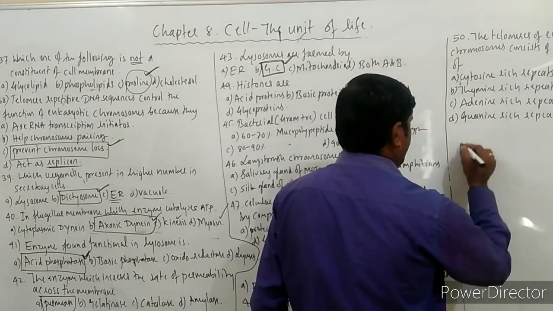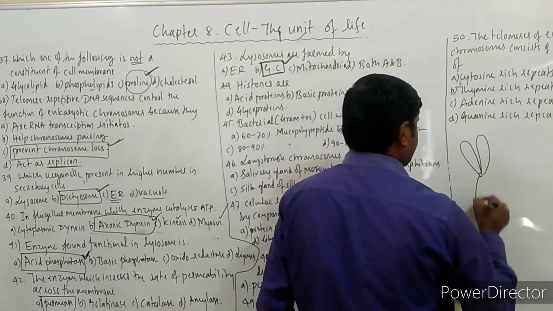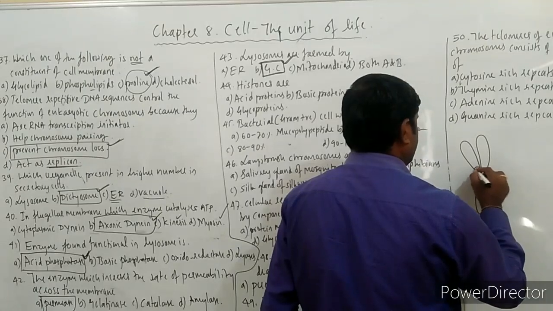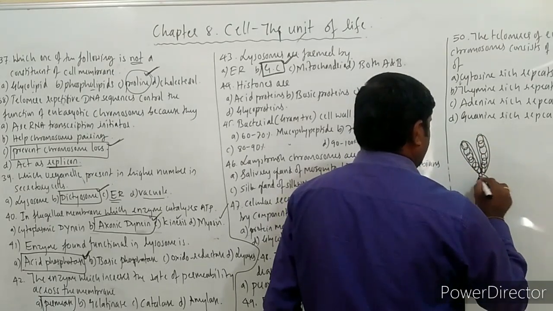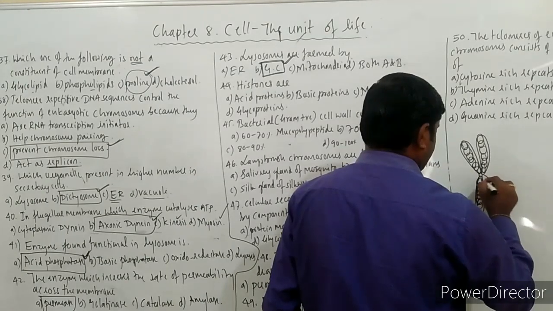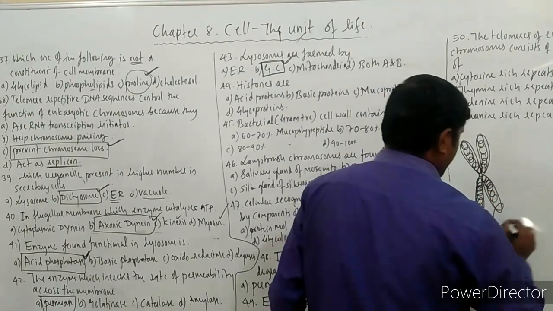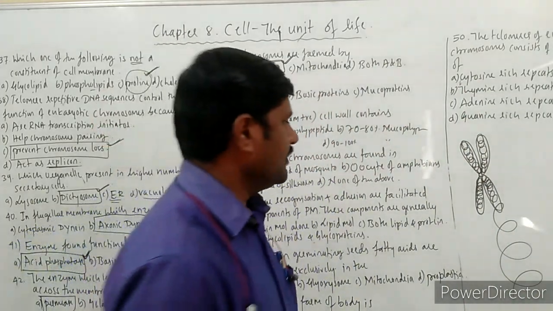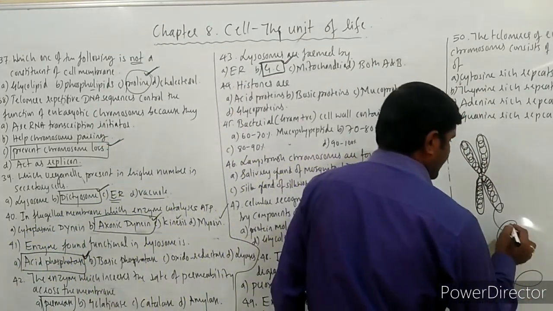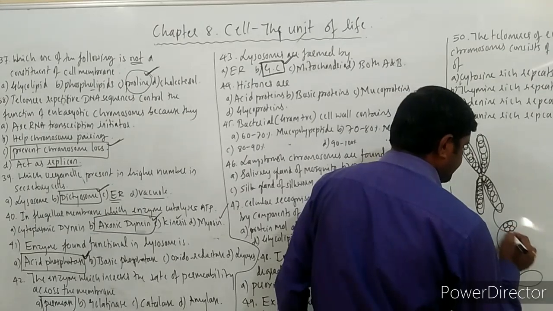So this is one chromosome. This is made up of the chromatin material itself. As you know, it is made up of highly coiled chromatin material. When you uncoil this, you will come across the nucleosomes.